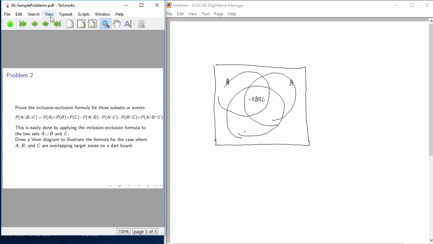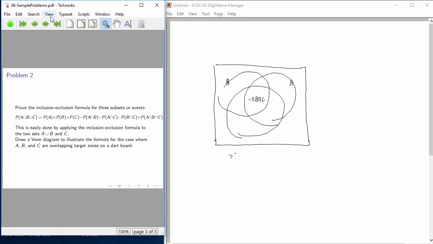You use the inclusion-exclusion rule for 2 events multiple times. And by the way, once you've seen how this is done, you would have a very easy time proving by induction the inclusion-exclusion rule for n events.